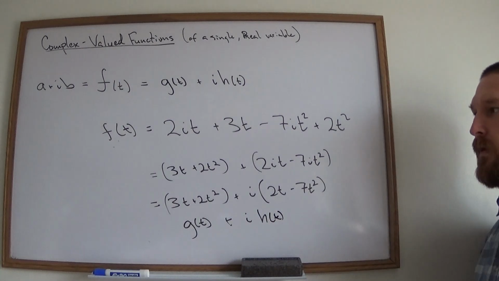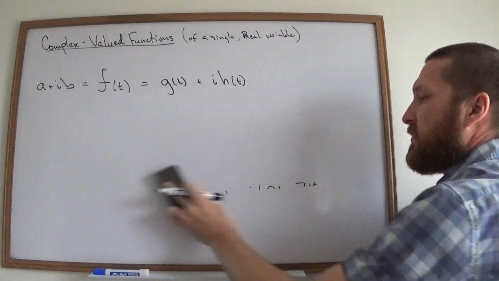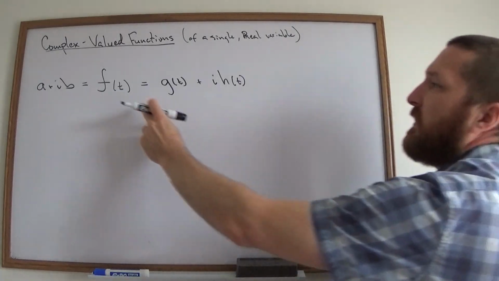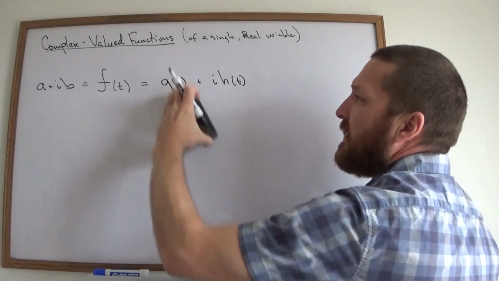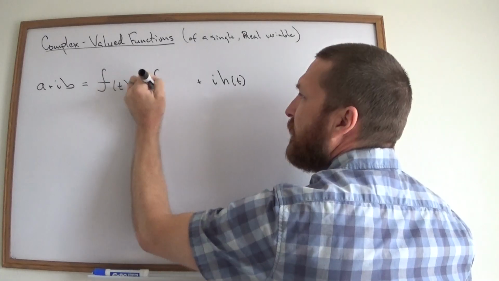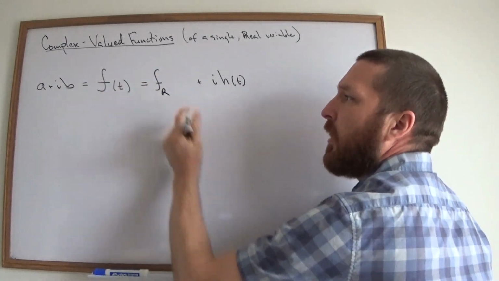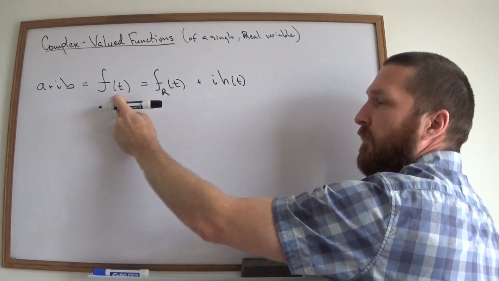So, to make our notation for what we're about to do a little bit easier, instead of having an f with a g and an h, why don't we just say that the g of t, let's give it a new name, let's call it f with a little sub r for real. So that's the real part of f.